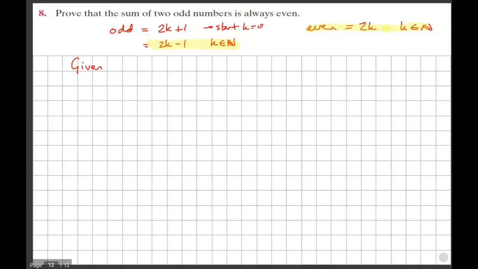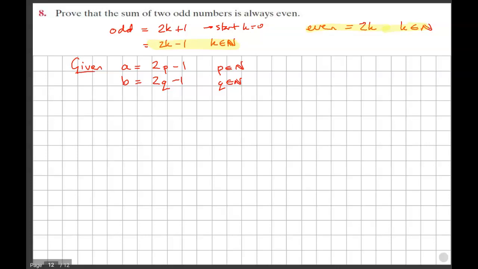let's call it a, and this can be written as 2p minus 1, where p is a natural number. And we're given a second number, which is also odd, let's call it b, 2q minus 1, where q is also a natural number.